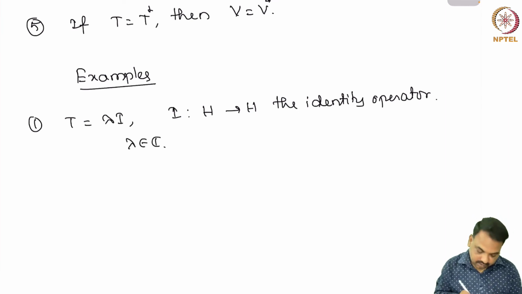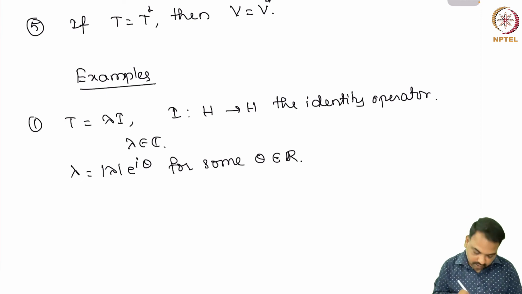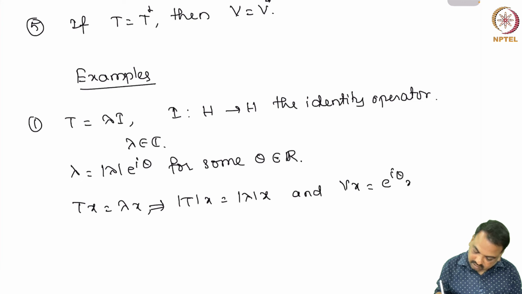Now we can write lambda as mod lambda e power i theta for some theta. So mod T, so here Tx is lambda x, mod T x is mod lambda x, and we can easily show that Vx is e power i theta x.